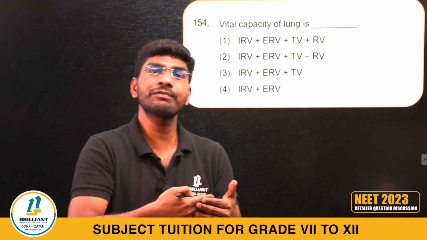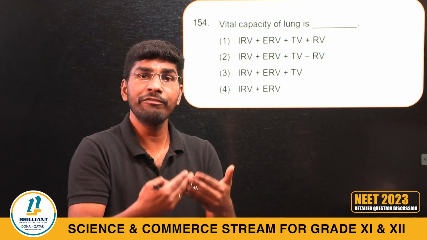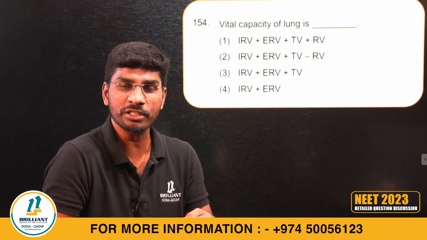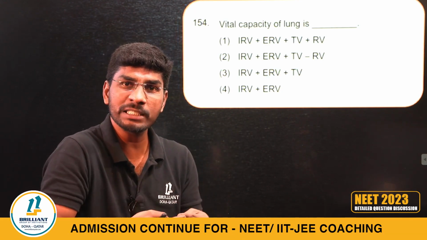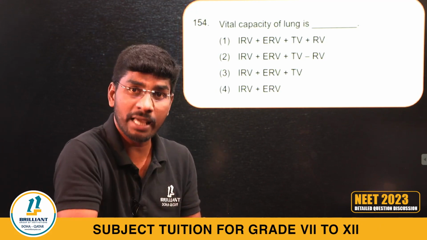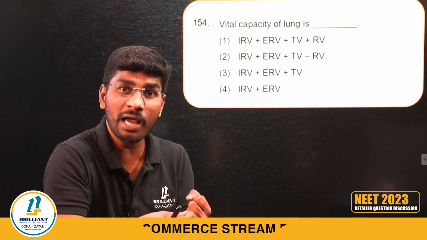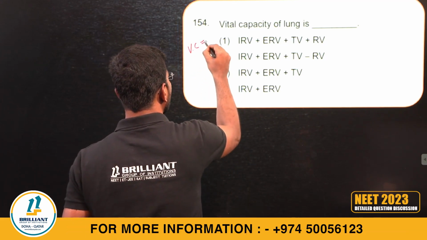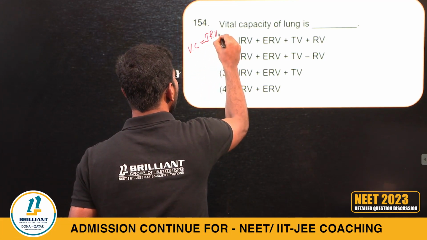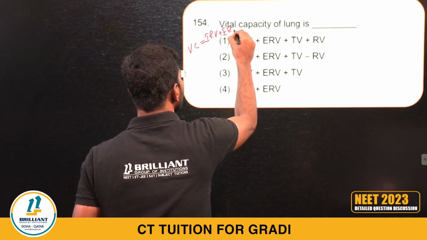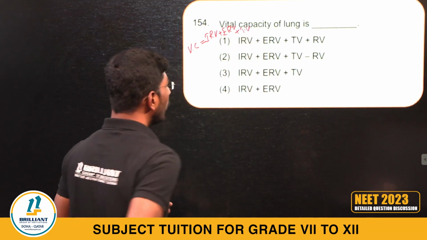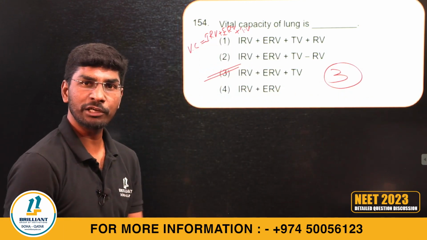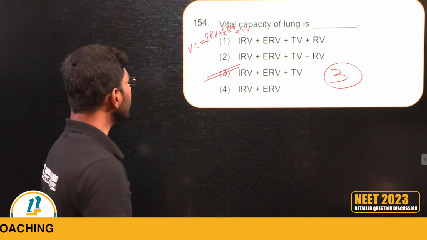When we forcefully expire, you are exhaling IRV, ERV and also TV. So vital capacity includes IRV plus ERV plus TV. So what is the answer? The answer is option 3. Vital capacity includes these 3 values. Next question.